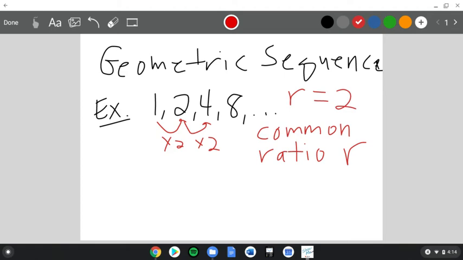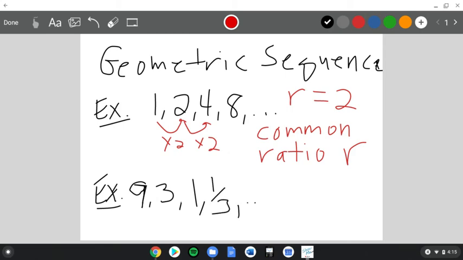Or instead of the numbers getting bigger and bigger, they might be shrinking down. For example, if we had 9, 3, 1, 1/3, and so on.